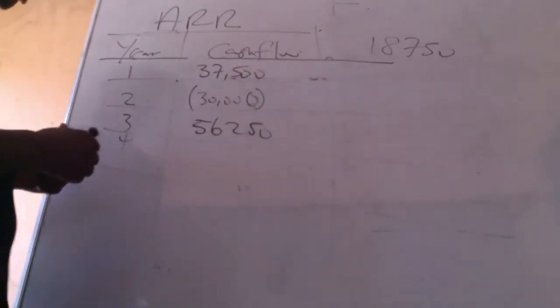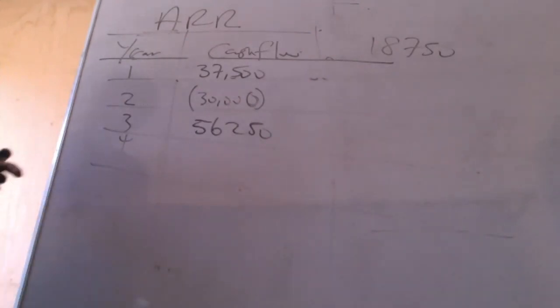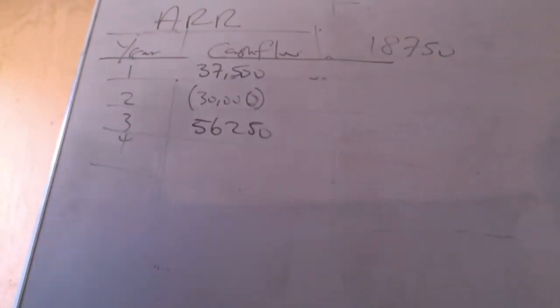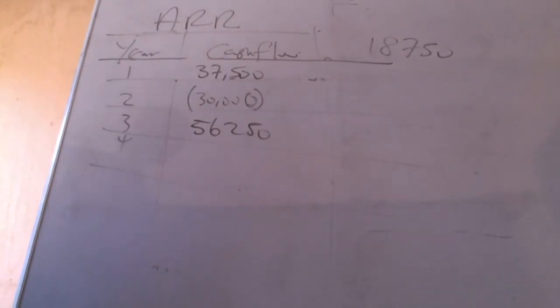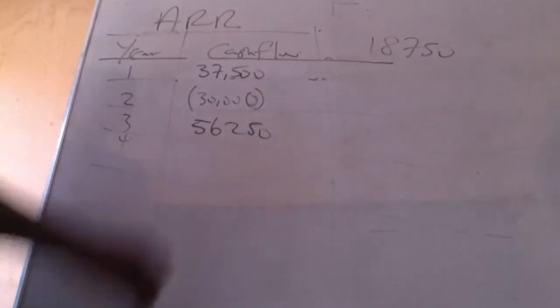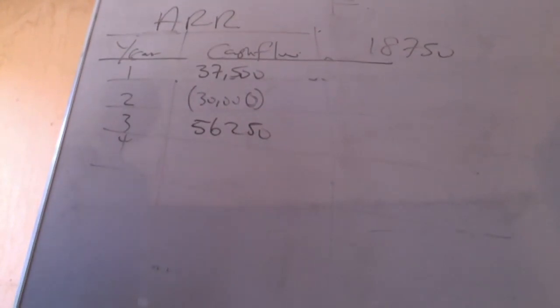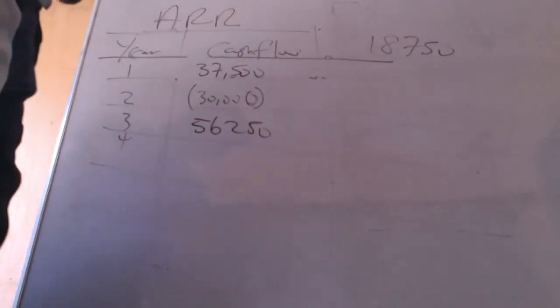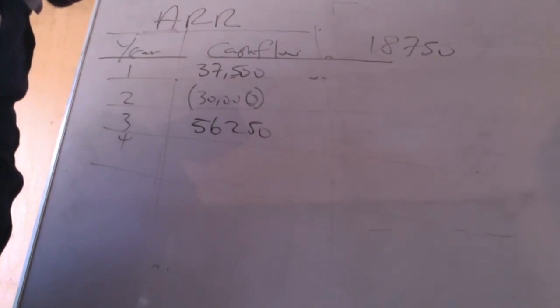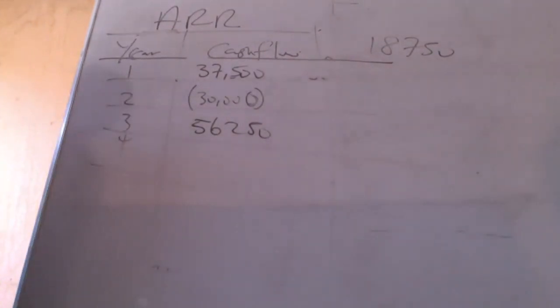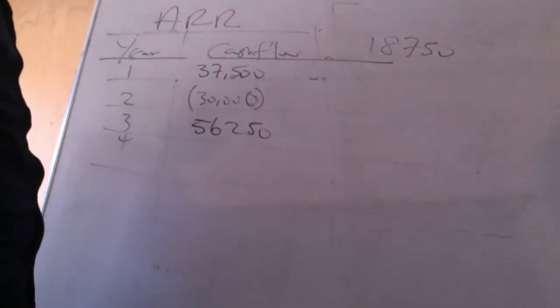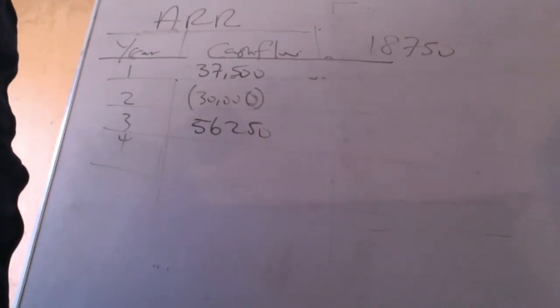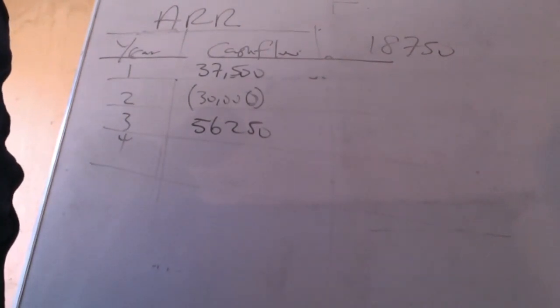Year 4, if you're looking for your profit, disposal will not affect profit. You don't add disposal to profit, so disposal will be rejected. Working capital will be rejected because working capital is not a profit. You have to pick the net receipt.